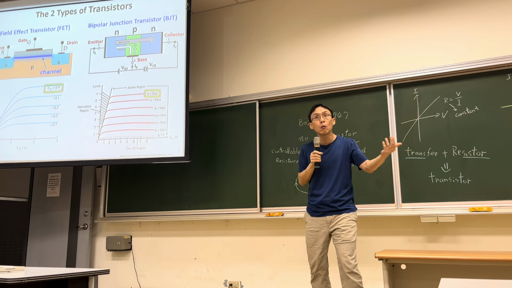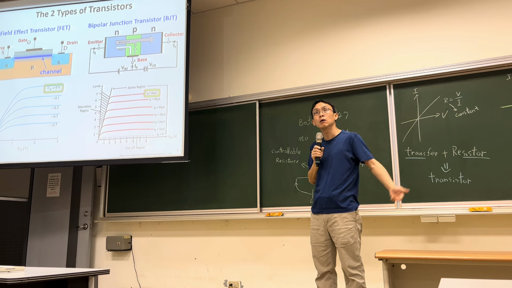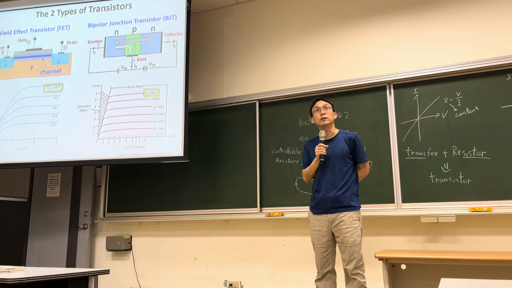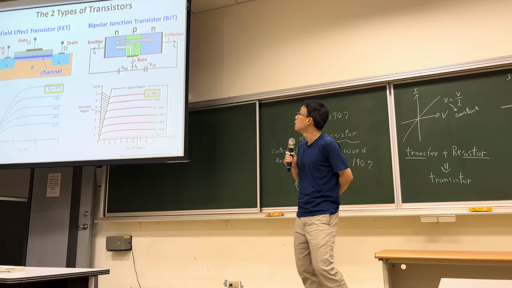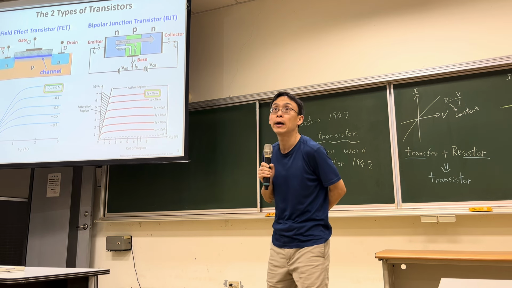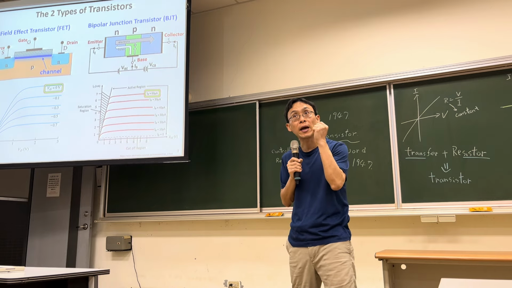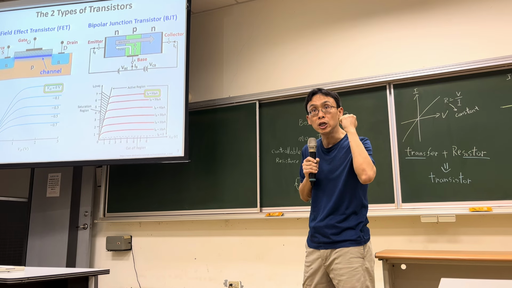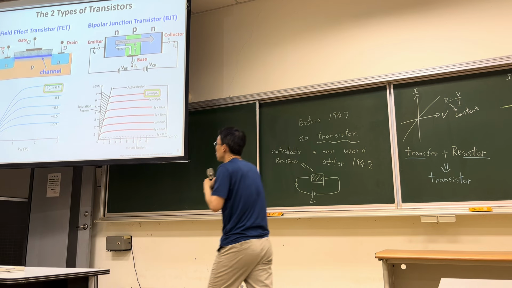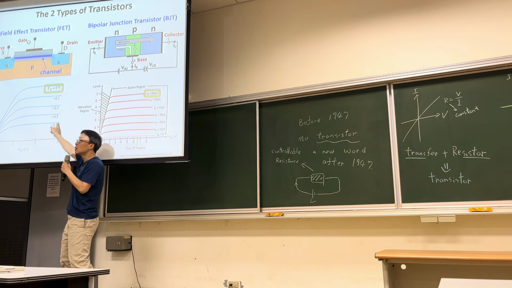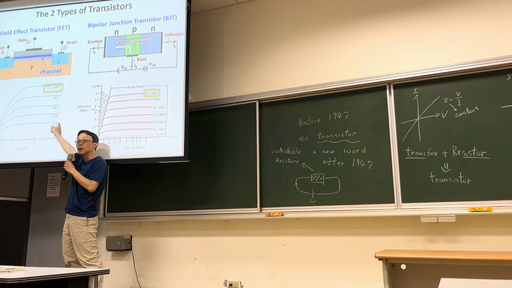Nowadays we have two types of transistor. The most common one is the field effect transistor, in short FET, because it uses an electric field to control the current of the IV curve.